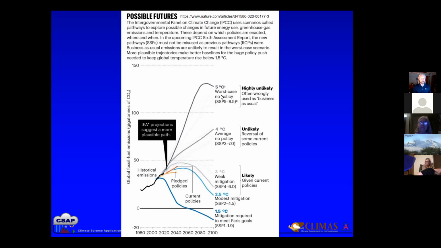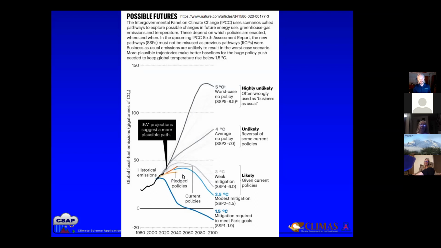It's a worst case no policy, which is highly unlikely because we have policy in place. It's not great, it's not fast enough, all those caveats, but it really does make this worst case highly unlikely. So this is average no policy, which is unlikely. We'd actually have to go backwards to get to this outcome. And so we're kind of down here, which is called weak mitigation right now. It puts us at about a 3°C rise, which is too much.